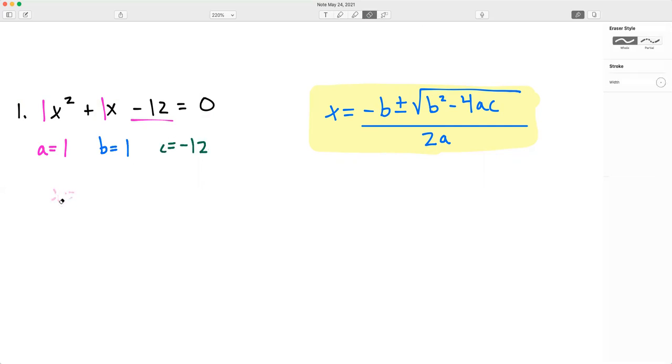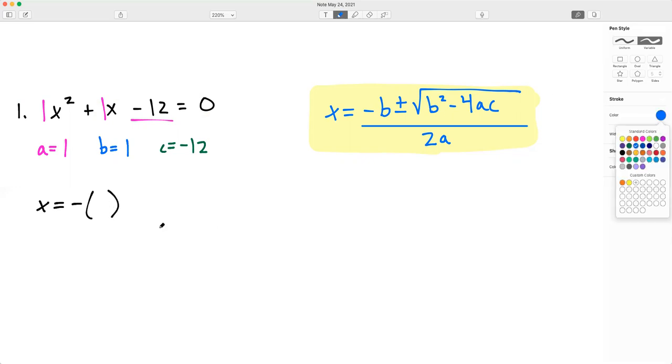I'm going to make this black. The x's are black, right? So x equals the negative of b, so whatever b is, in that case it's 1.